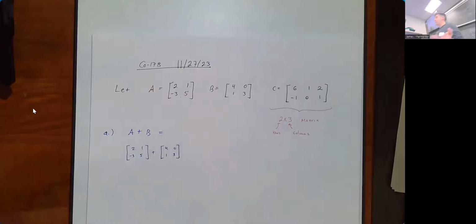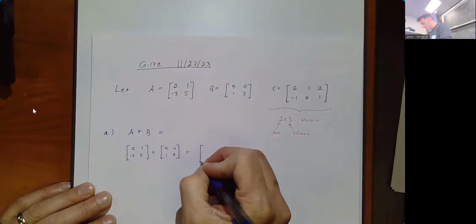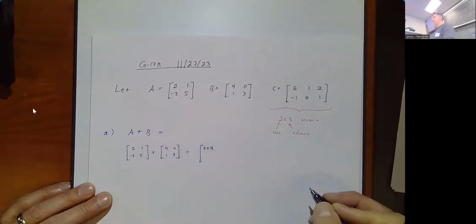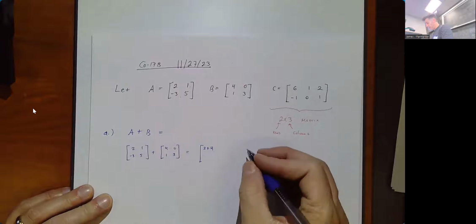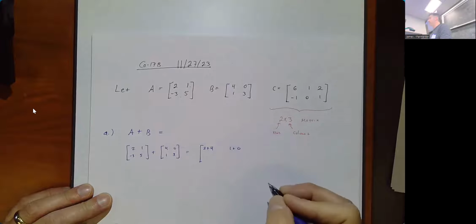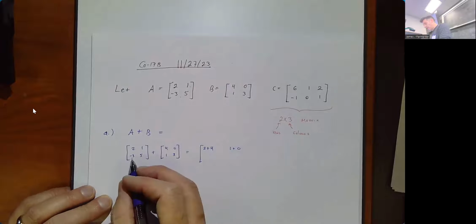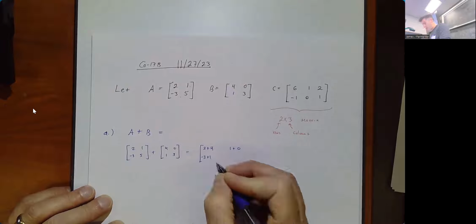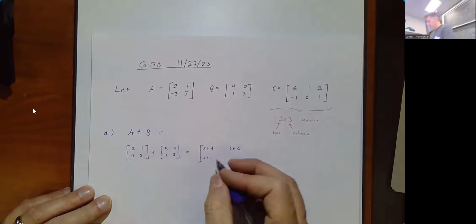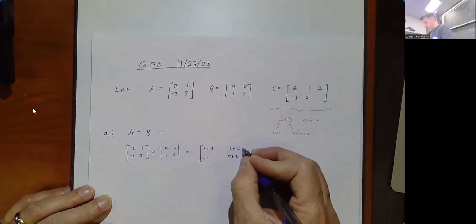And just like with vectors, when you add matrices together, you add the corresponding components together. So I'm going to get 2 plus 4 in the first row, first column. I'm going to get 1 plus 0 in the first row, second column. I'm going to get -3 plus 1 in the second row, first column. I'm going to get 5 plus 3 in the second row, second column.